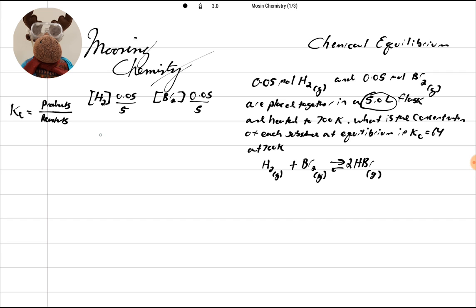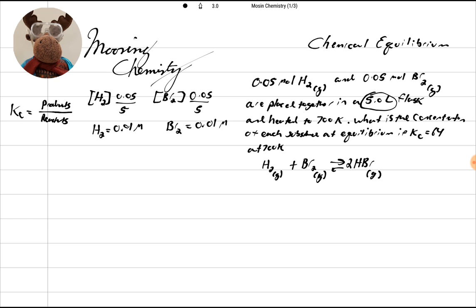So this is going to give us a molarity for H2 of 0.01 M, and for Br2, it's going to be the same, 0.01, and that's molarity. All right, so far so good.